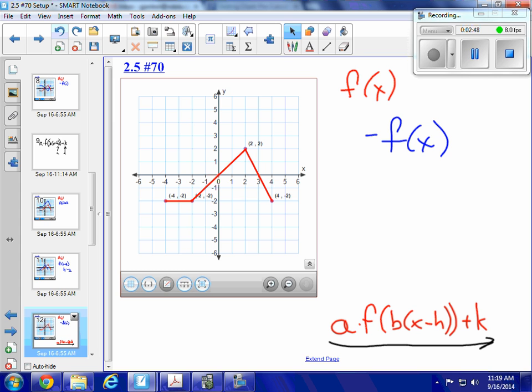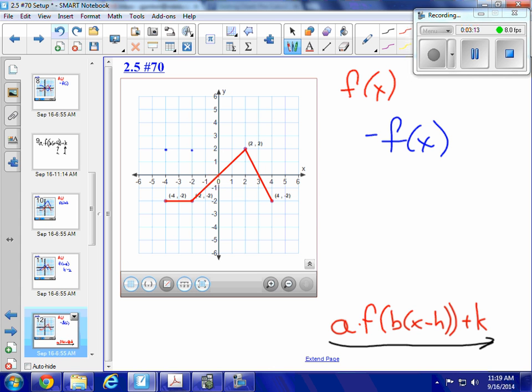So it's outside the function, it's going to affect the y values. So this point here, which is negative 4, negative 2, it affects a negative on the y value, which is negative 2, so it becomes negative 4, positive 2. And this point here becomes negative 2, positive 2, only affecting the y values.